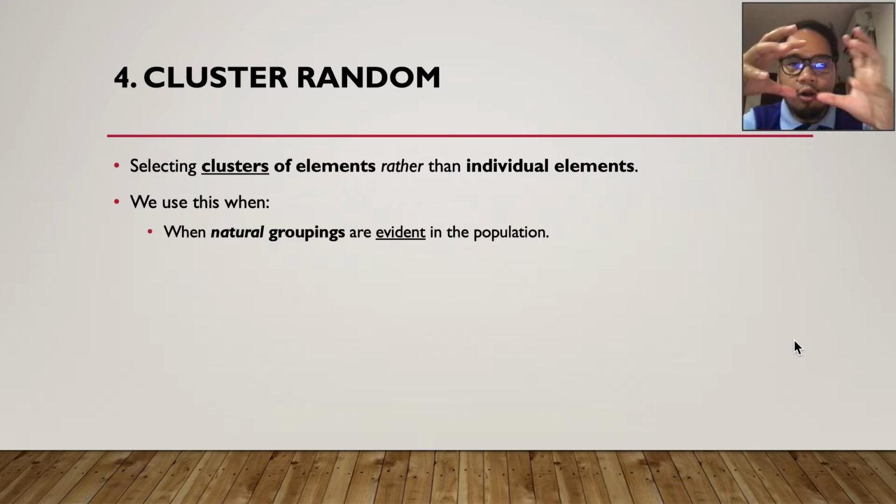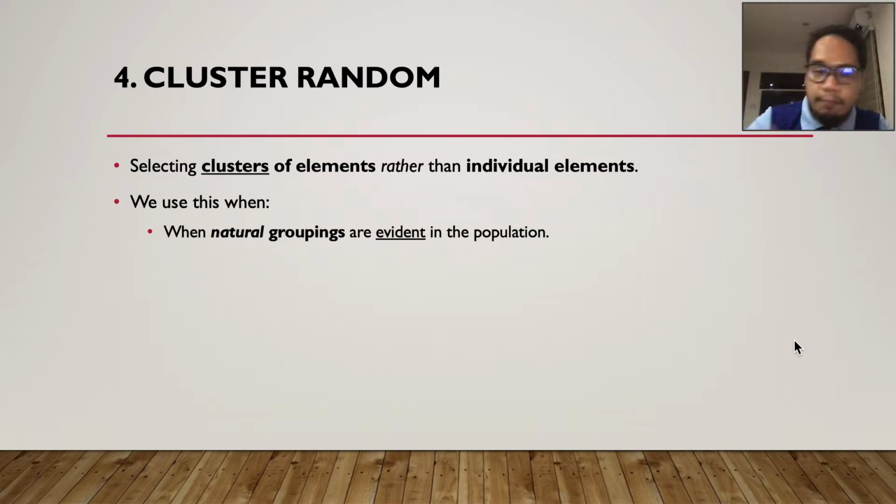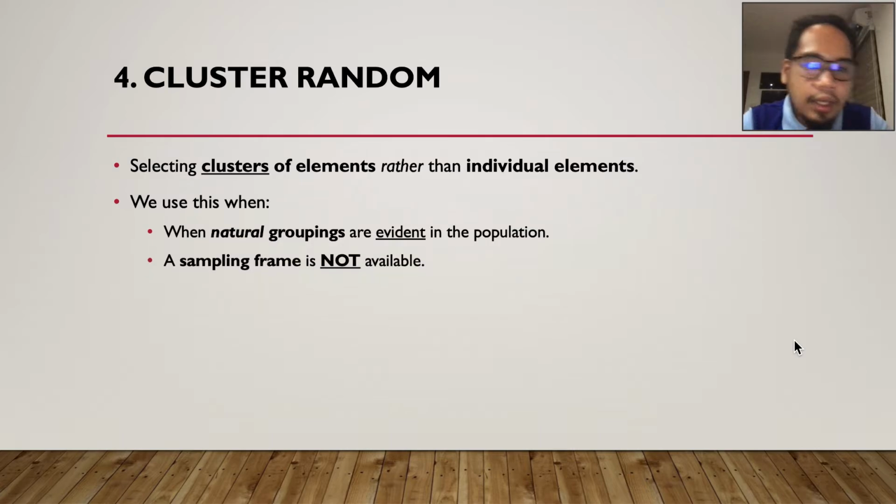So there are already homogeneous groupings which are natural, which we don't need to alter at all. And compared to the other parts of probability sampling, cluster random sampling can still be done. It's random, though you don't have a sampling frame.